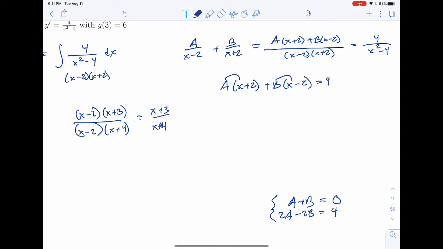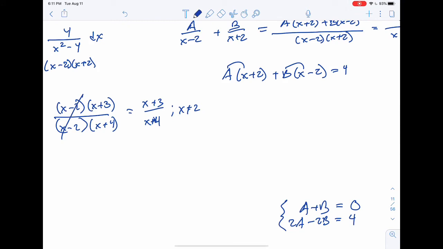And that's all fine and good, except that's not always true. We actually have to put a semicolon here. Oh yeah, by the way, x is not 2, right? Because those things cancel, and we can't plug in 2, because if we plug in 2, then I have 0 over 0 equals this thing over here.